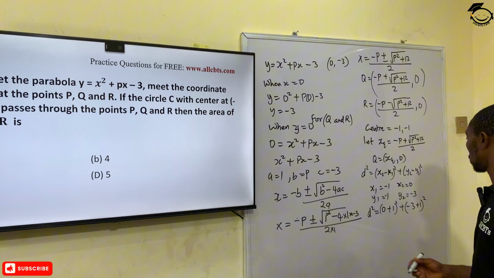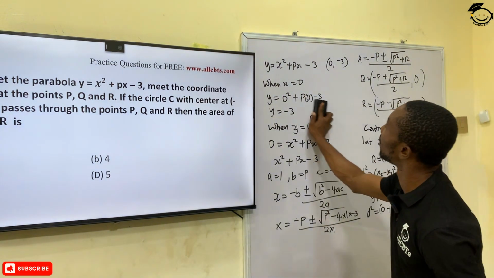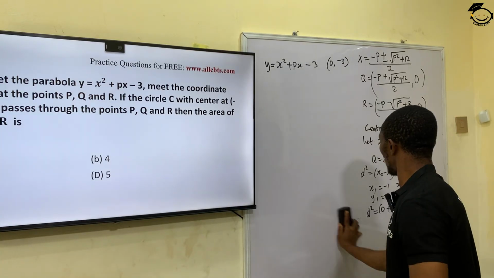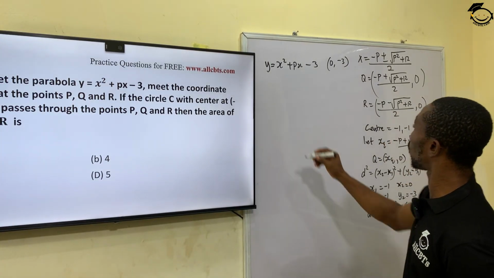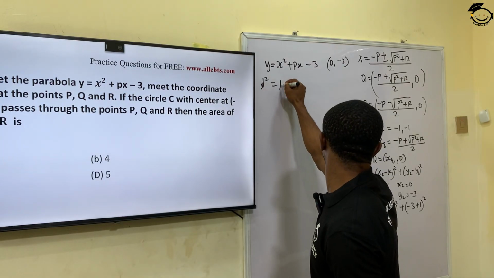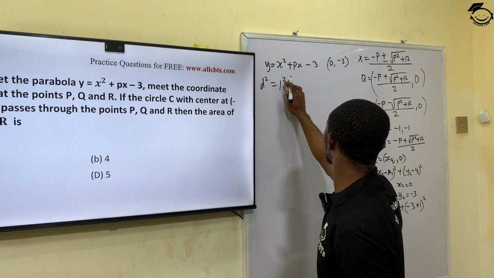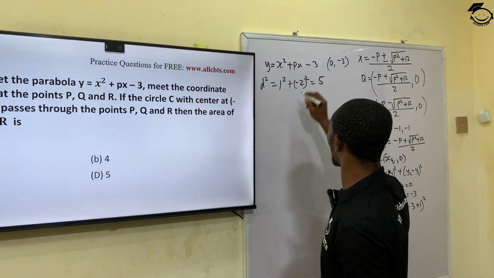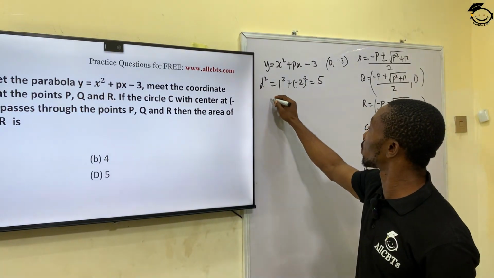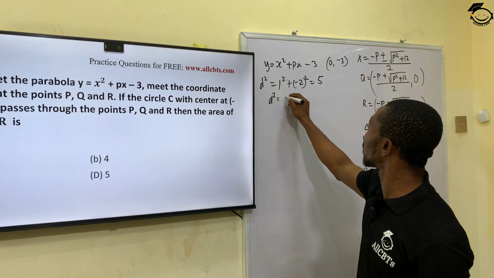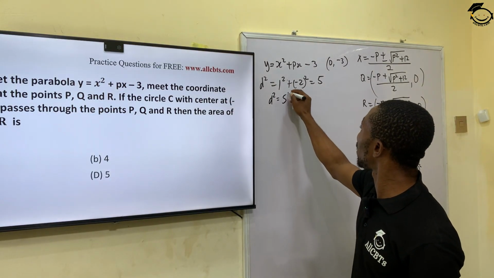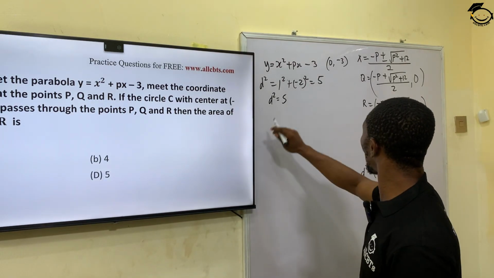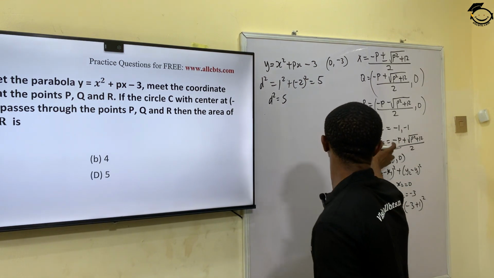So our d squared equals 1 squared plus minus 2 squared, which will give us 5. So here we have our radius squared, d squared, as 5.